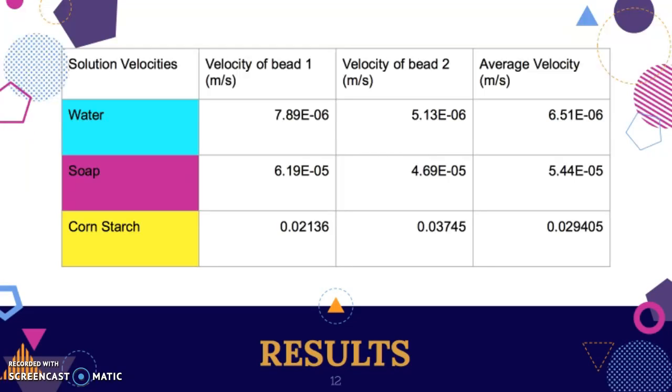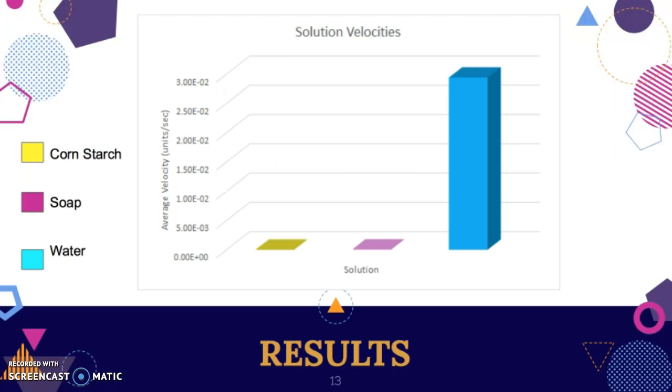We use these calculated velocities and average them out in order to have one average velocity per solution. Using the average velocities, we have created a bar graph to demonstrate how the velocity in each solution varies, and we have found that the velocity in water is much faster than the velocity in soap, which is also much faster than the velocity of cornstarch.